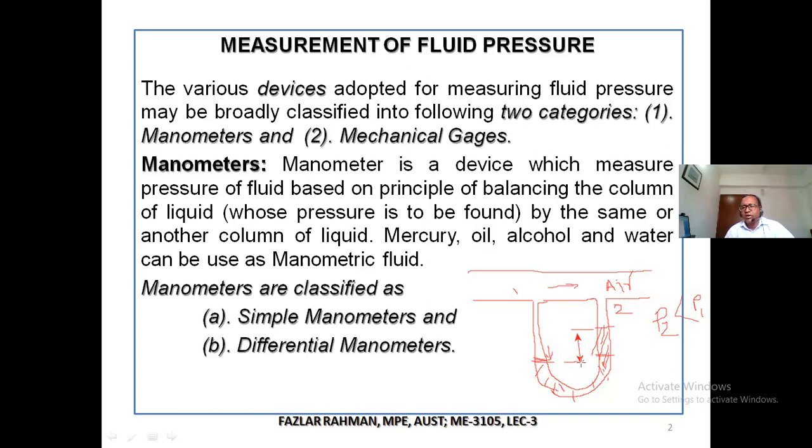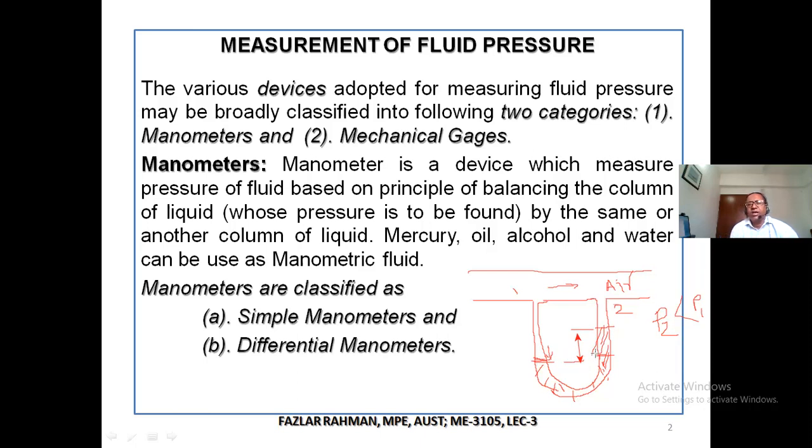So that means what you are seeing over here, you are balancing a column of liquid by another fluid or by the same fluid. So if a pressure measuring device or equipment is based on this principle, then that device or equipment is called a manometer.